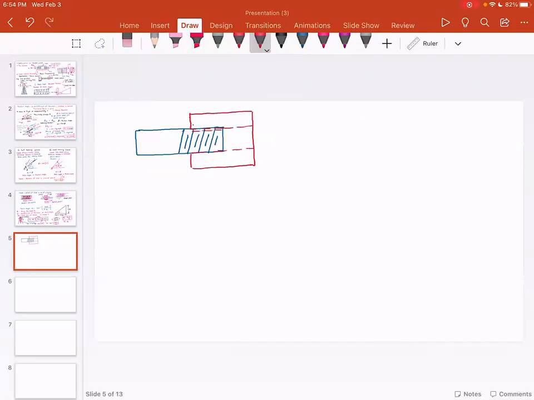You will notice that the nut will have internal threads. So this is the nut. This is the screw. The screw will have external threads. The nut would have internal threads.